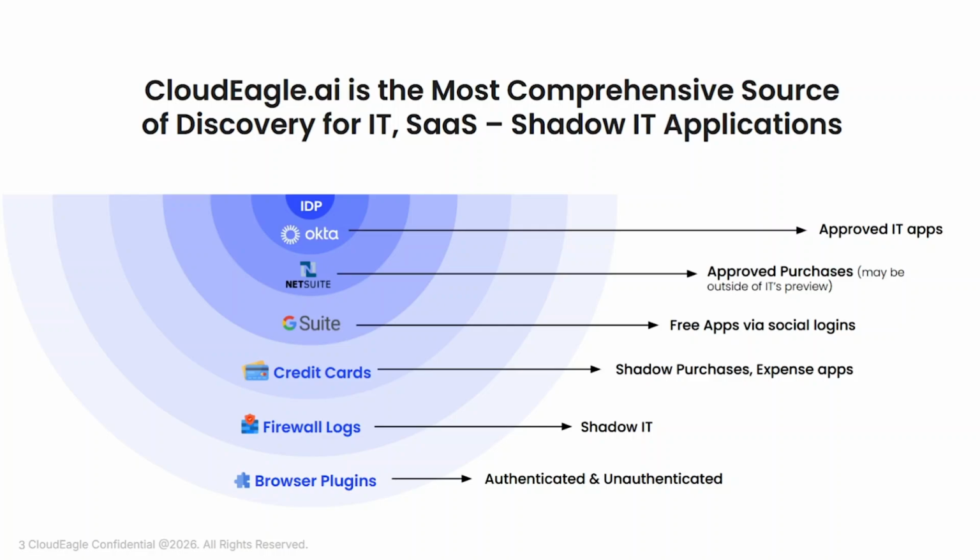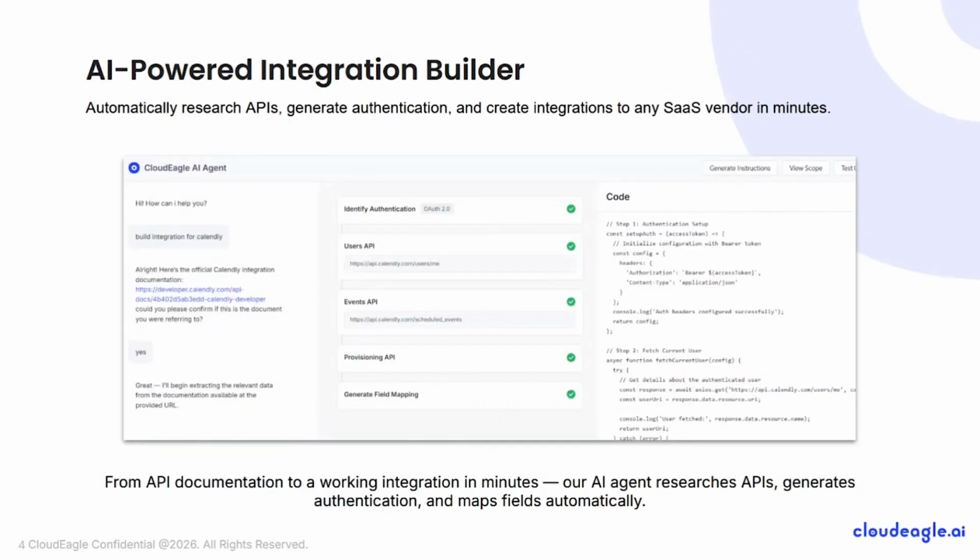The result is a unified view of every approved IT app, every purchase, and every instance of shadow IT in your organization. One of CloudEagle's most powerful features is that we're not limited to apps with pre-built integrations. Our AI-powered integration builder connects to any system with an API in minutes.